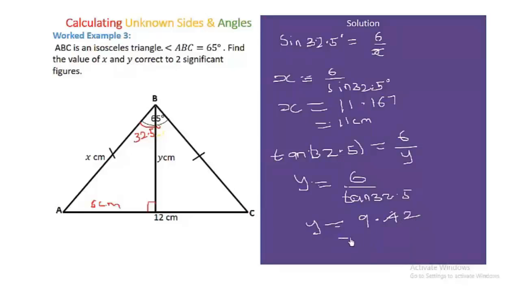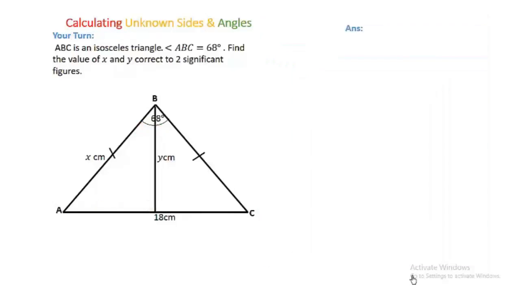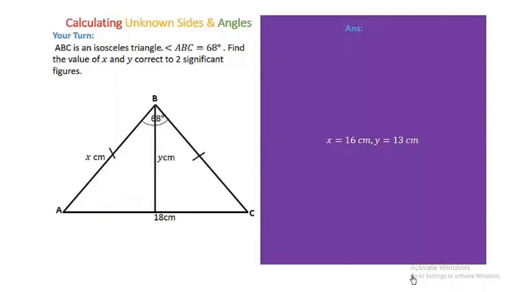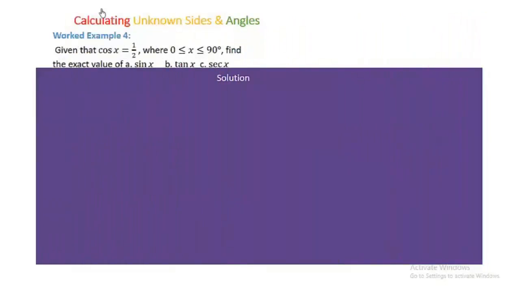Then to two significant figures, this will give us 9.4 centimeters. Now this is your turn, and you should obtain this result if you work correctly.